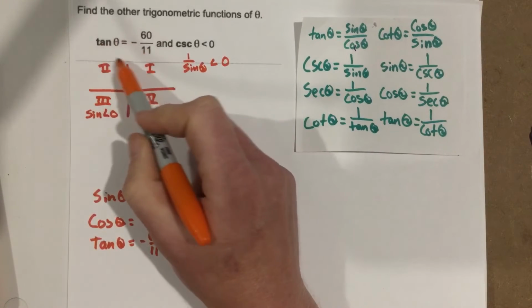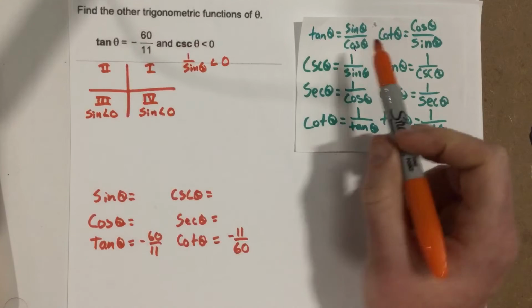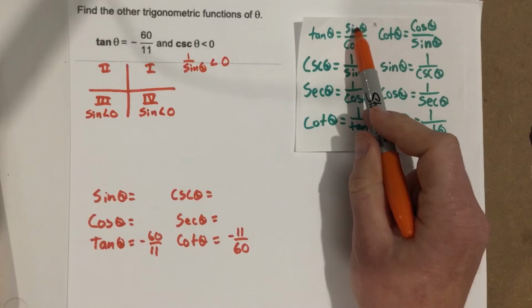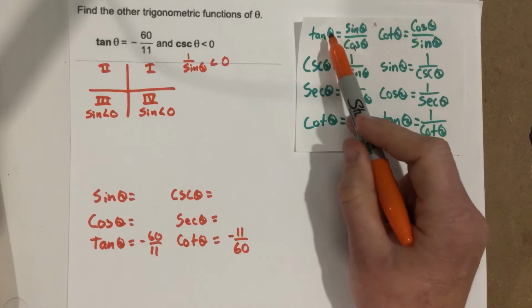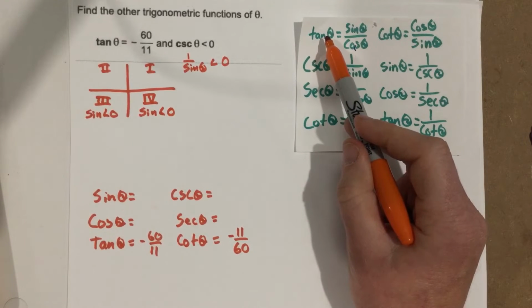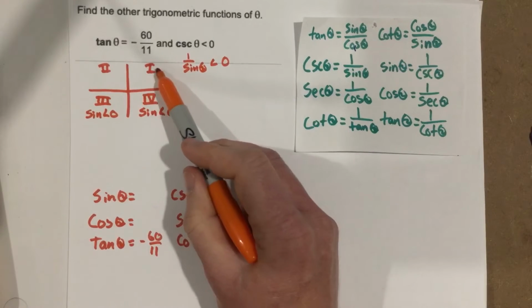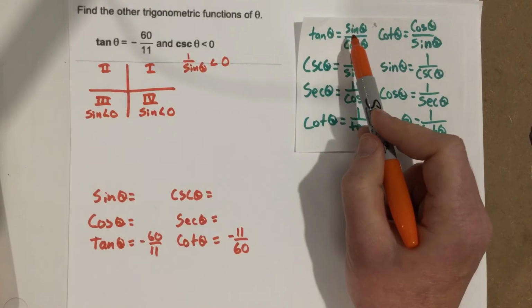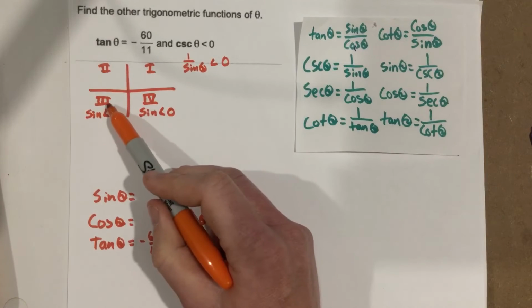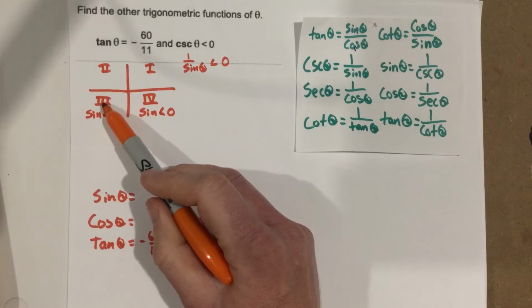When is tangent negative? Well, we know tangent is sine over cosine. If sine is positive and cosine's positive, tangent's positive. So tangent is greater than 0 in quadrant 1. It's also greater than 0 when sine is negative and cosine's negative, which would be quadrant 3.